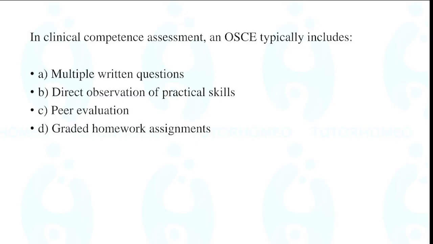For this, we require structured stations, wherein we give each student one station, and the student is supposed to demonstrate specific clinical skills or a clinical task, while there will be an expert who is going to observe them. So your answer is direct observation of practical skills. That is your answer. So for a clinical competence assessment, an OSCE typically includes direct observation of practical skills.